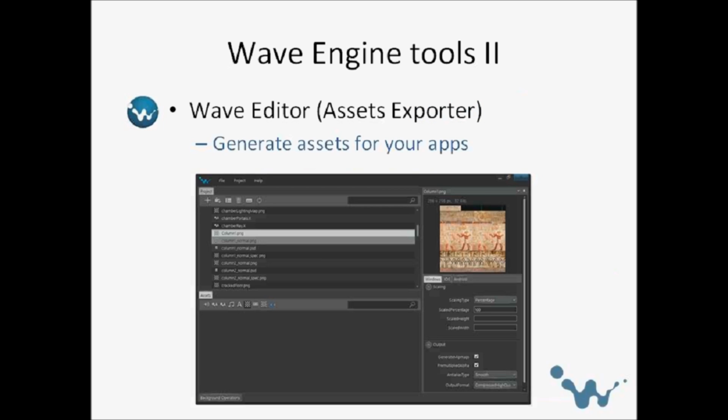The Wave Editor, also known as the Asset Exporter, is our tool currently to generate the assets for WaveEngine. So, for instance, if you are using some pictures or some textures for your models, or some models from 3D Studio in your game, this tool provides the chance to pick all those assets, perform some operations, and convert them to a format that WaveEngine understands.